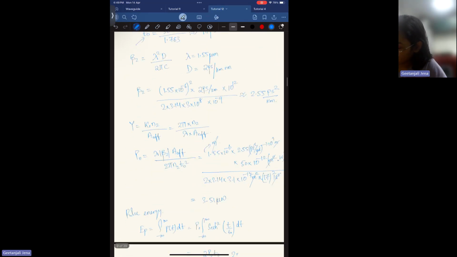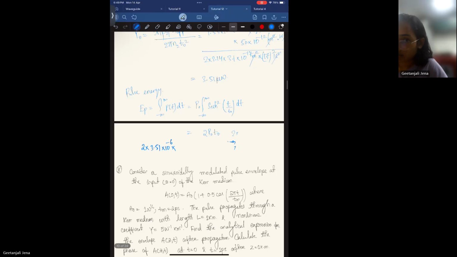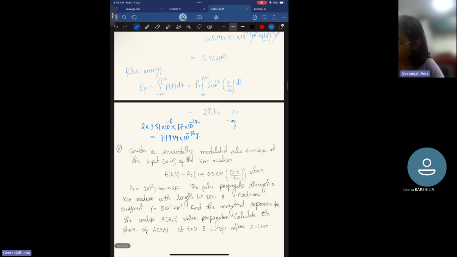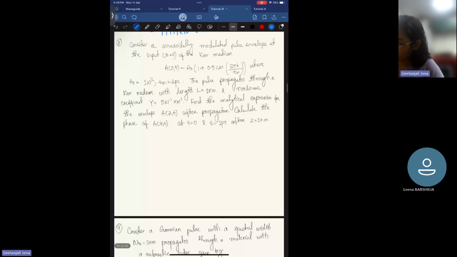It was 17 picosecond, which is 10 to the minus 12. So this will give a value of 1.1934 into 10 to the minus 16 joule. Okay, so let us move to our next problem.